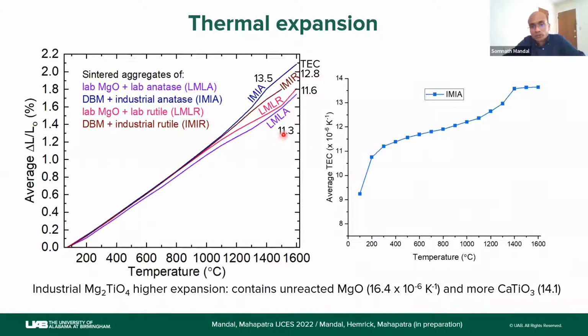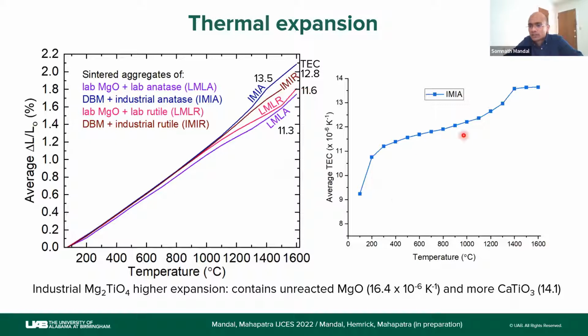The thermal expansion coefficient values tell us that the lab grade materials always expand less than the industrial grade. This is because there is some unreacted magnesia in the industrial grade materials and also more calcium titanate, and both of these have a higher expansion coefficient than the condylite phase. That is why the expansion coefficient of industrial aggregates is higher.